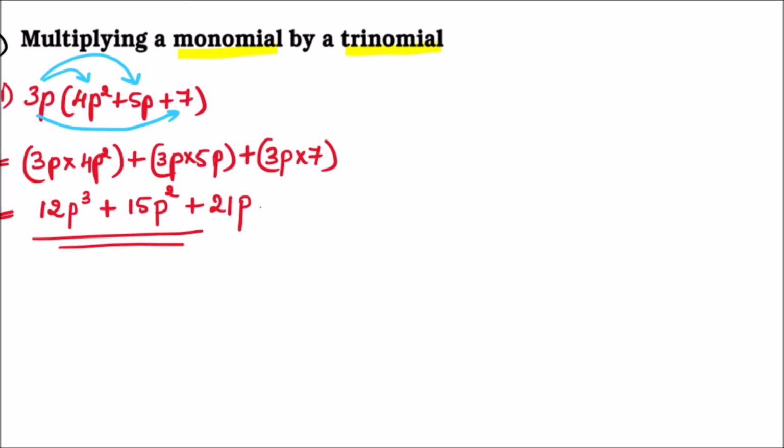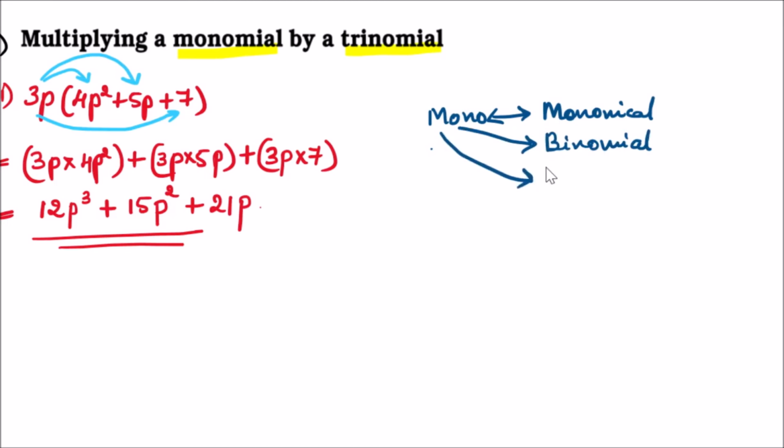Clear? So it may be a monomial by monomial, okay, monomial with binomial, and monomial by trinomial. Example here, 5x into 3x. Here in a binomial we have seen 5x into 3x plus 2.